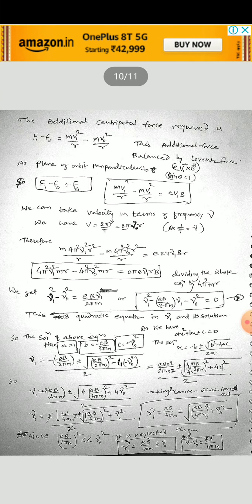So we get nu 1 equals eB upon 4 pi m plus or minus nu naught. If we take nu 1 minus nu naught, it is equal to eB upon 4 pi m. So nu 1 minus nu naught is nothing but delta nu, the Zeeman shift, equal to eB upon 4 pi m. So that can be proved.